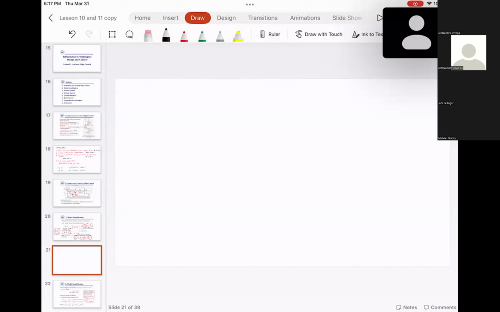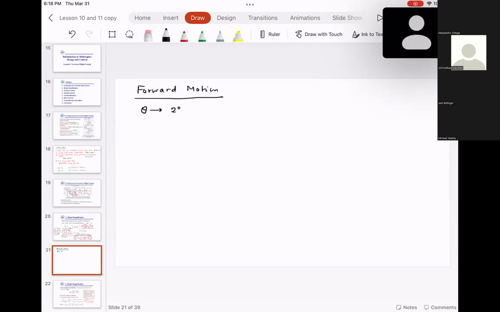Step 1. If I want to implement the forward motion, I'm going to deliberately allow pitch to vary. So I'm going to say my theta, whose set point was initially 0, now has a set point of say 2 degrees.